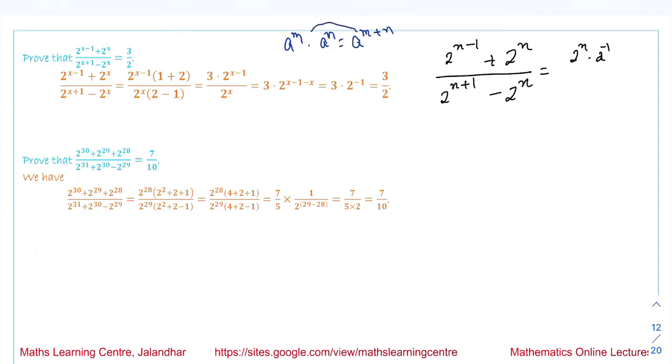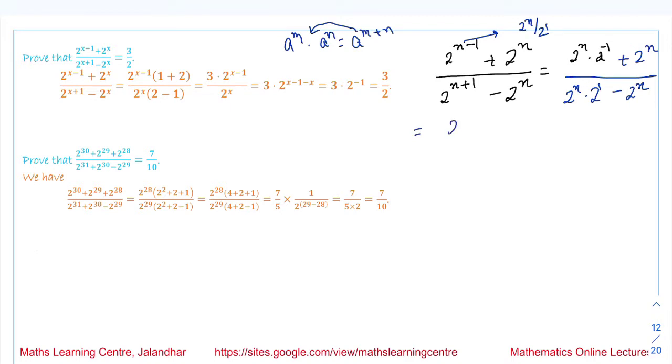So we are using the converse of the formula over here: a raised to the power m plus n is equal to a raised to the power m into a raised to the power n. Or you can say, we can write this term as 2 raised to the power x over 2 raised to the power 1, plus 2 raised to the power x, over 2 raised to the power x into 2, minus 2 raised to the power x.